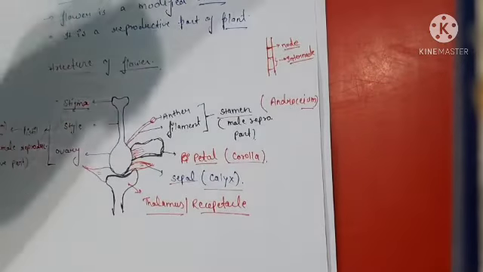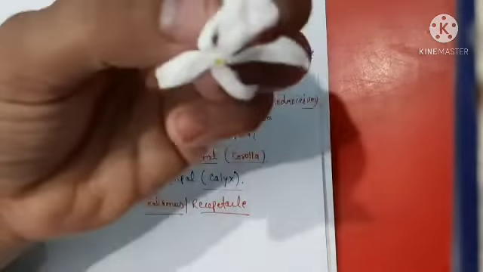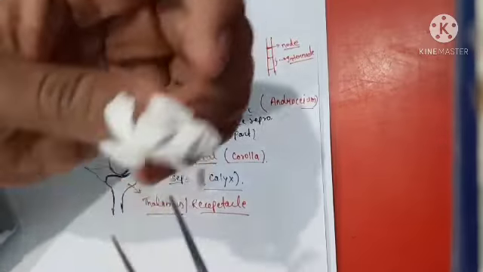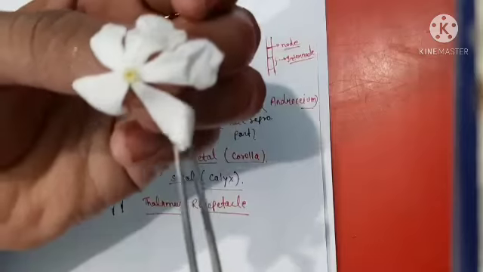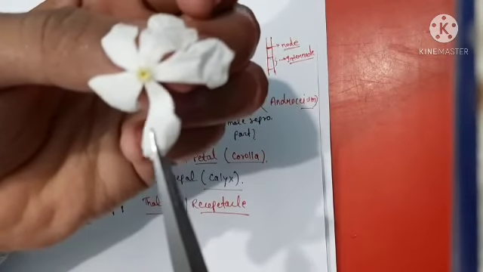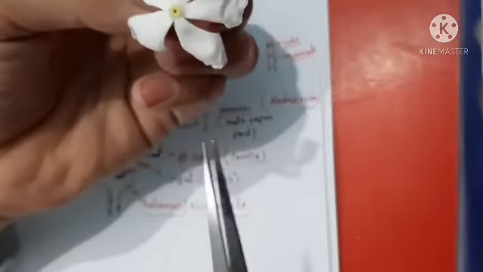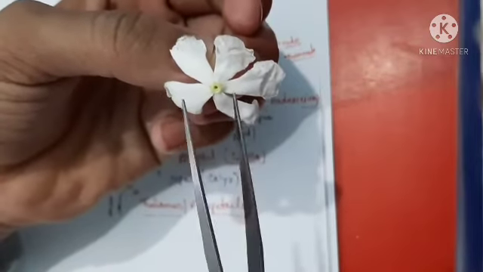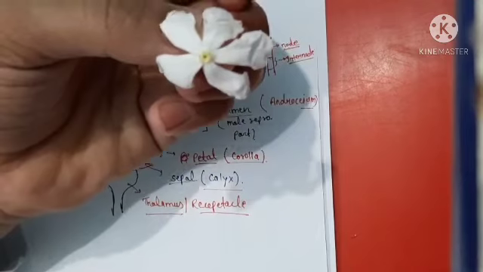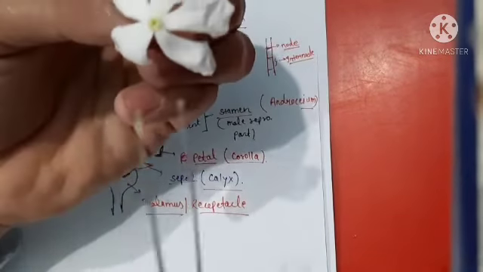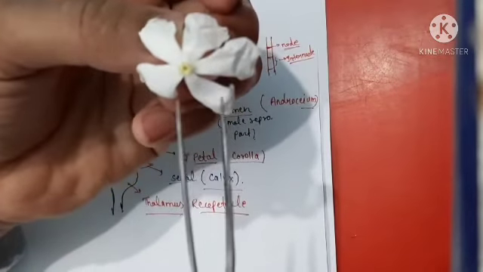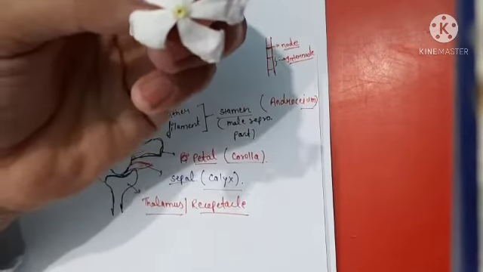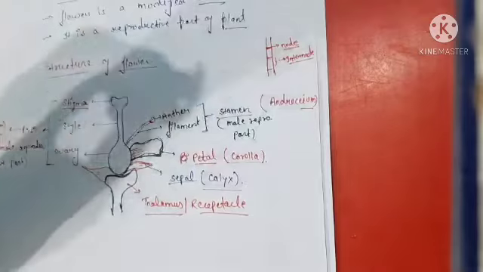Now friends, suppose it is a flower, and here is one petal. There are 5 petals, so these all 5 petals are collectively called corolla. Group of petals is called corolla.